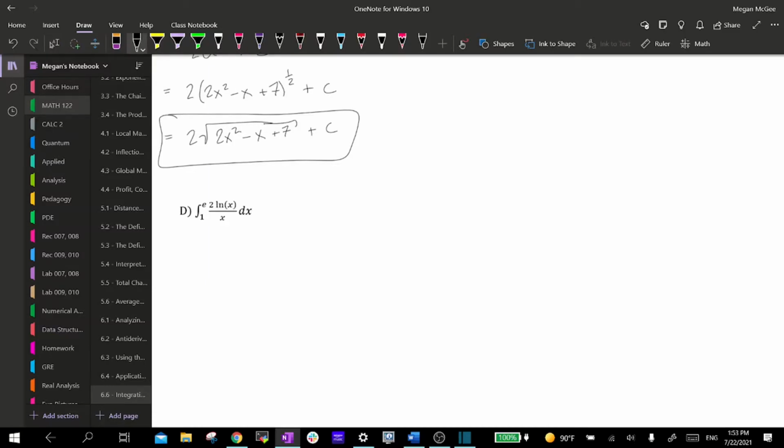So we want u to be our natural log of x. All right, we did a similar problem already. So we know that when we take the derivative of u, it's going to give us our 1 over x, which we already have in our problem. So that works out. And so we have du is equal to 1 over x dx.